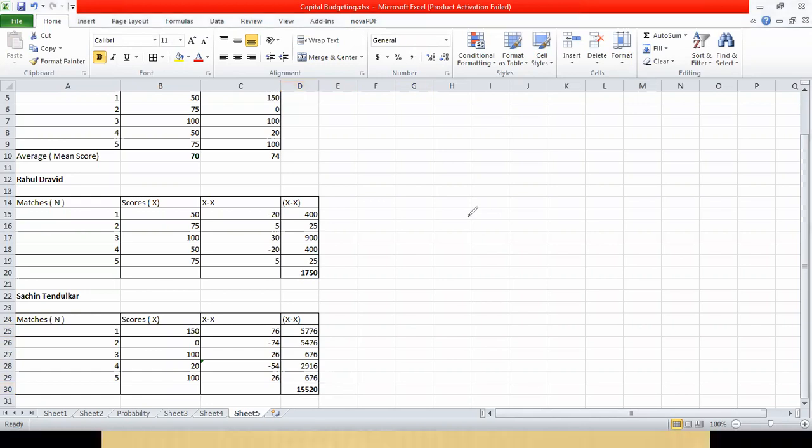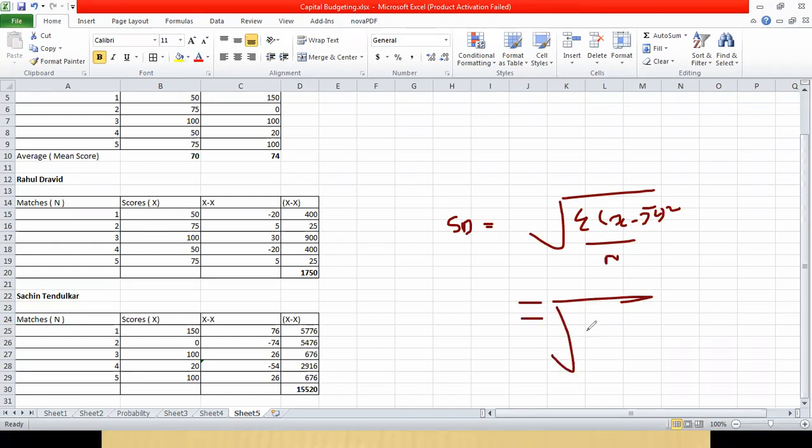So square is 15,520. So standard deviation will be summation x minus x bar whole square divided by n. So 15,520 divided by 5, square root.